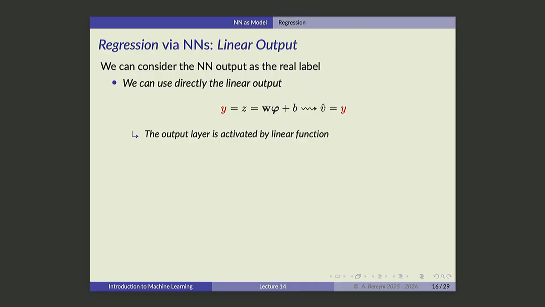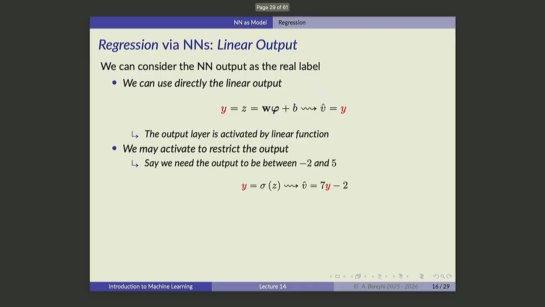And if you are limited in terms of the interval that the output could be in, then you might be interested to use some sort of activation, right? For instance, if you want your output to be somewhere between -2 and 5, right? You want the output of the neural network to be a number between -2 and 5. How can you do this? You could say, okay, I first do this calculation here, and after doing the computation Z, I'm going to activate Z by sigmoid, right?